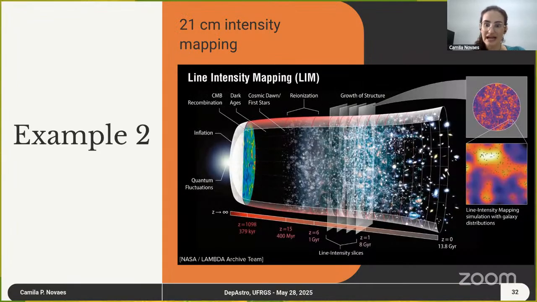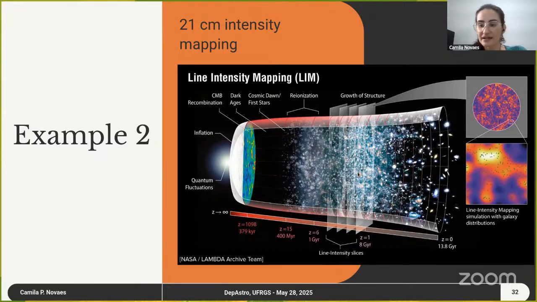So based on that, I will just mention quickly two other examples of where we have been using this approach, the simulation-based inference. For example, for intensity mapping, for 21 centimeter intensity mapping specifically, for this tracer, we are measuring how the hydrogen is distributed. And since the universe has hydrogen until very high redshifts, we can map the universe until very high redshifts.